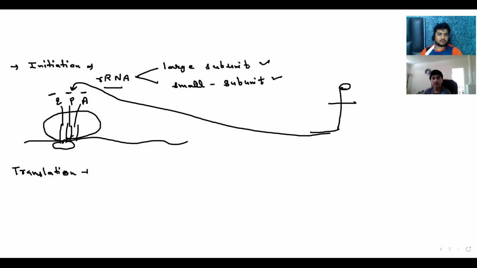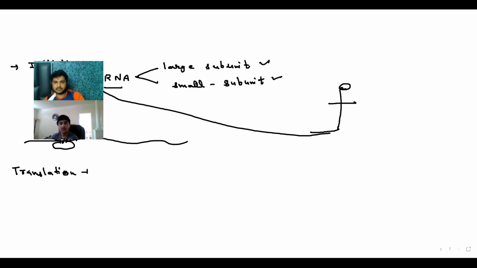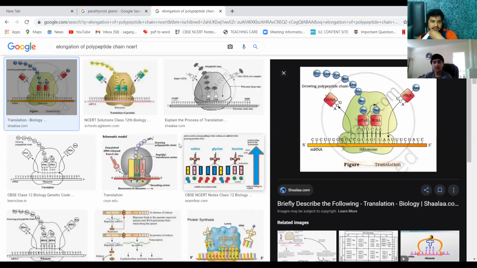I want to show you in the picture so that you can see it. Just give me 1 minute. Can you see this diagram in your copy?